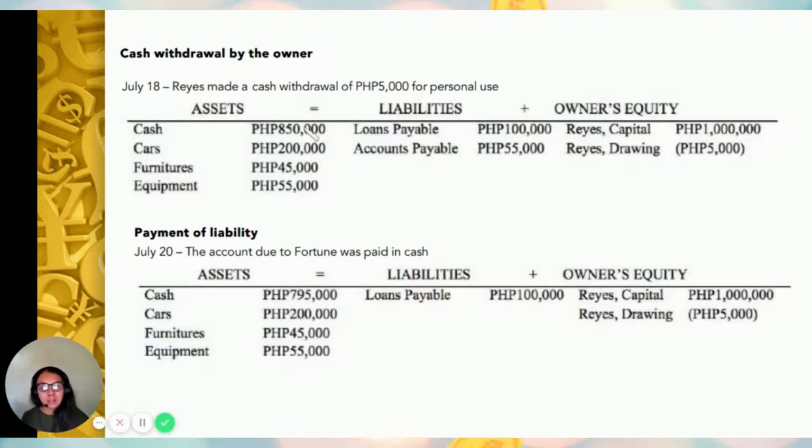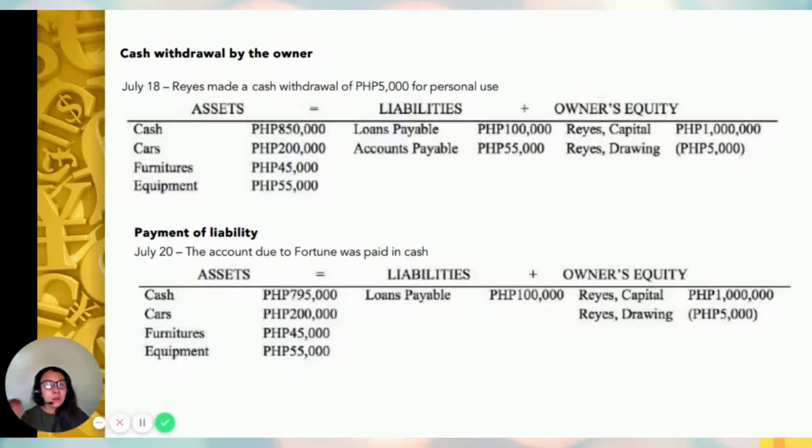Again, from 850 less 55, because we paid the accounts payable from Fortune, our cash now is 795,000. Then what is the equivalent on the other side? We paid cash for what? For the accounts payable.